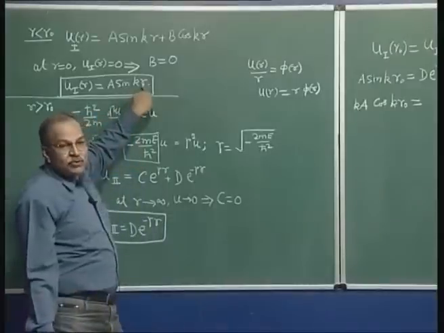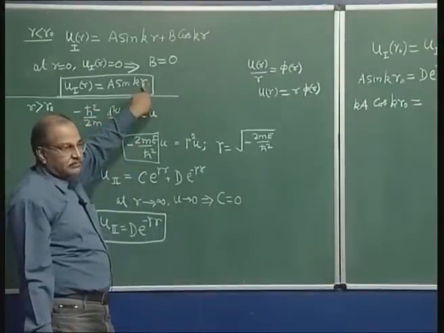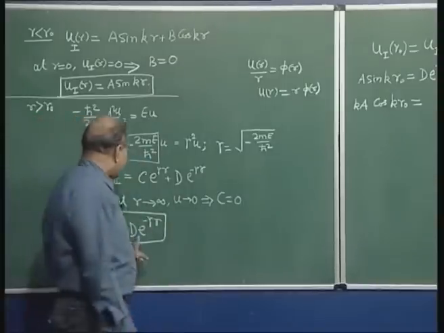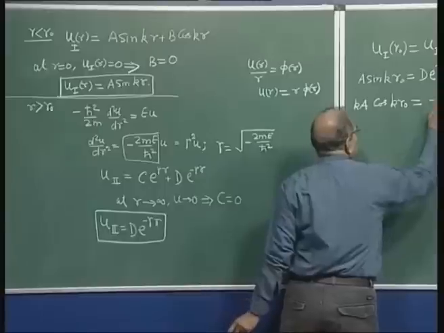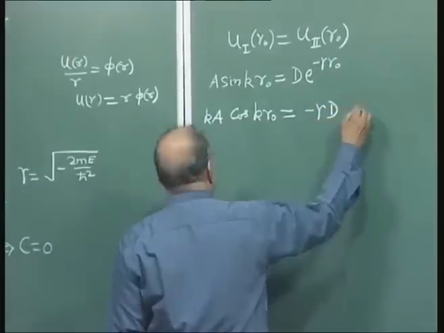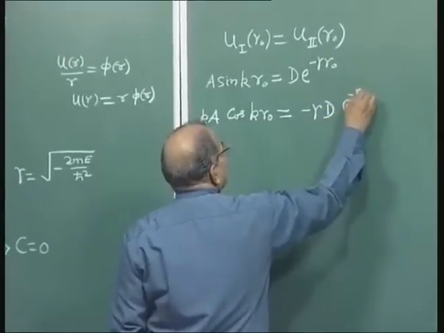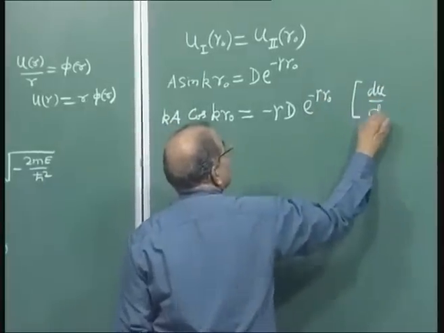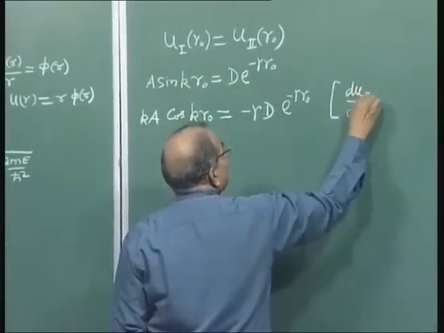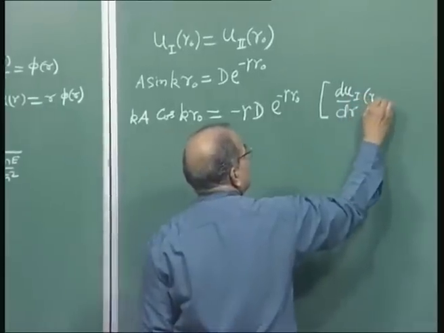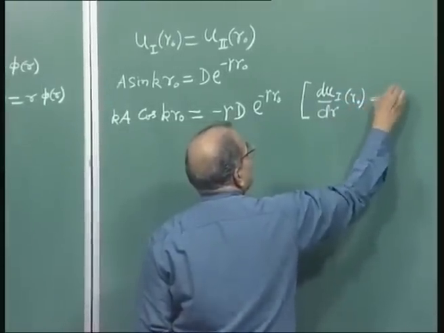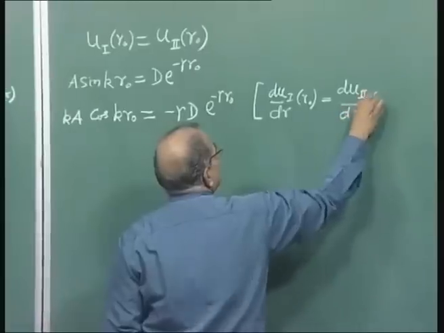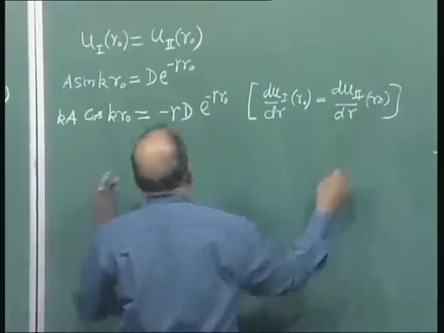Differentiate and put r equal to r naught, and here also differentiate and put r equal to r naught. So, minus gamma d e to the power minus gamma r naught. This is coming from du dr being continuous. So, du dr from the first expression at r naught should be equal to du dr from the second expression at r naught.